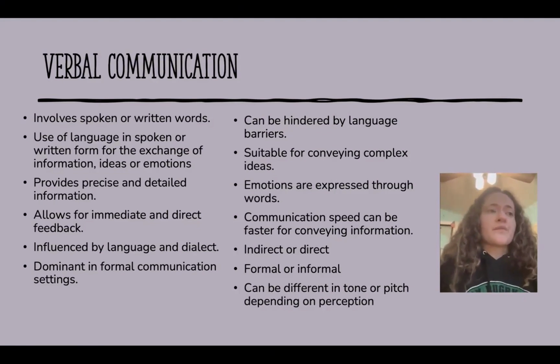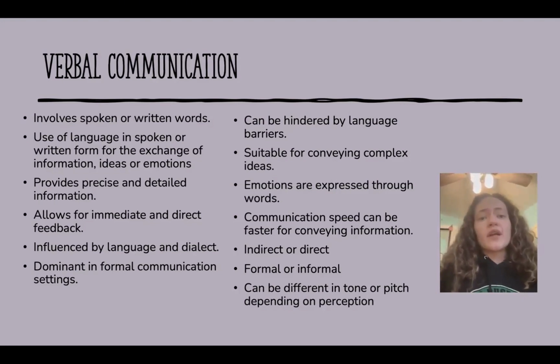For example, types of communication. So verbal communication, as I have discussed here, is the use of language in spoken or written form for the exchange of information, ideas, or emotions. These can be spoken or written words directly given to that person. Language and dialect all play a role in there.